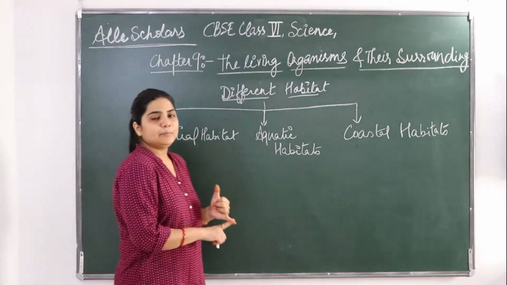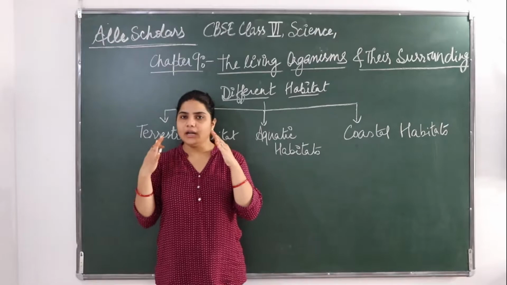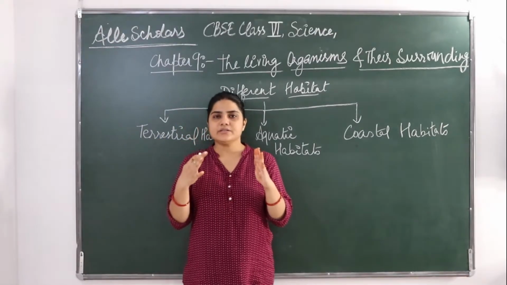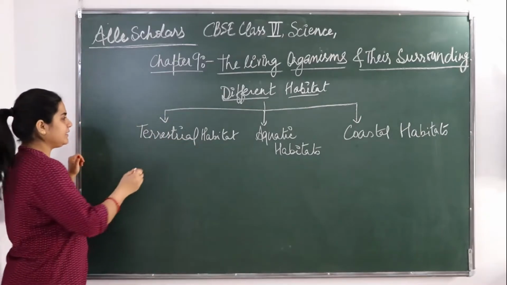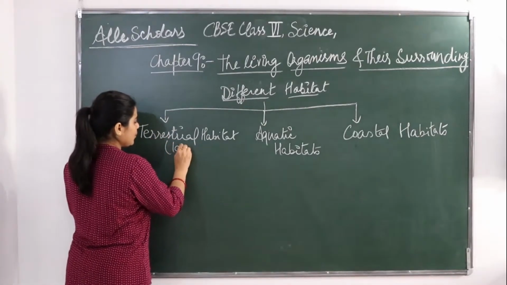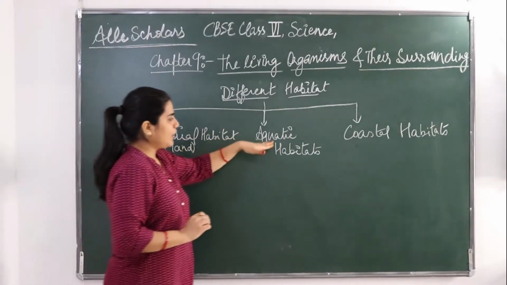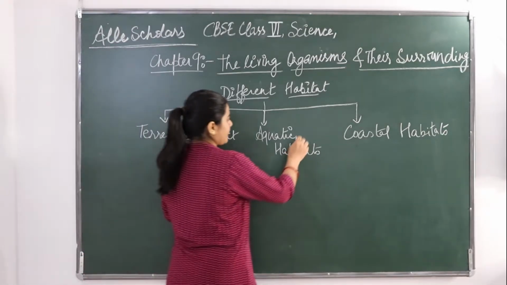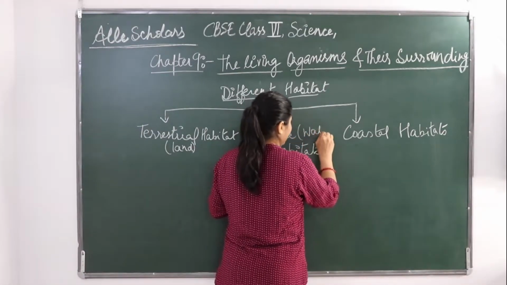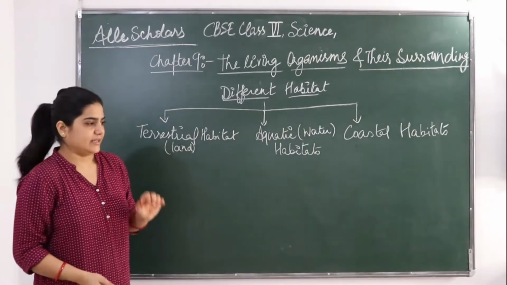Terrestrial habitat means the animals or living organisms that live on land. Where is their home? On the land. If we talk about aquatic, it means living in the water, and coastal habitat is the one living at the coastal areas.